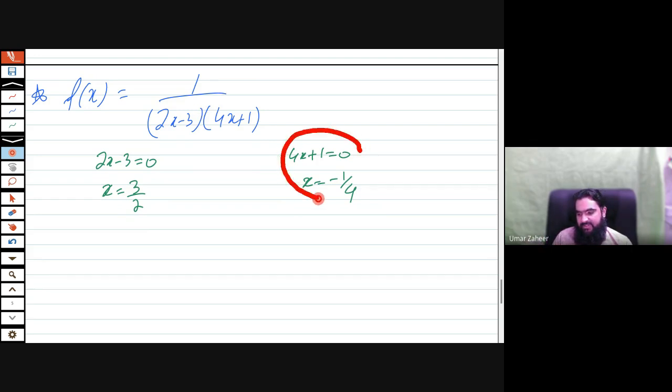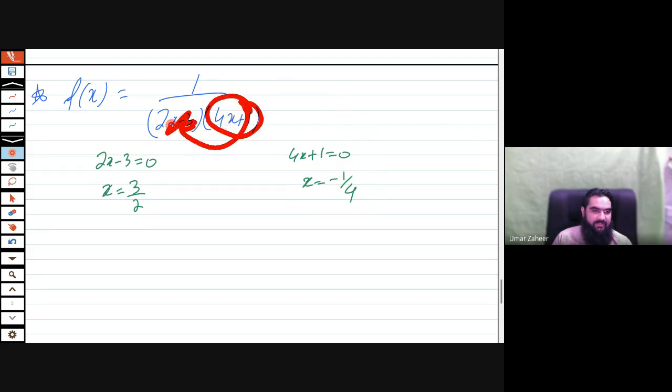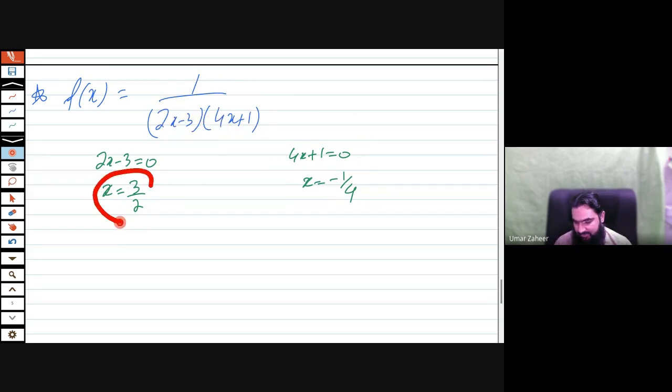Same as you have 4x plus 1 is equal to 0, substitute x is equal to minus 1 by 4. Substitute it here, this value will become 0, and 0 multiplied by anything is going to be 0. So this is undefined. So you have these two values at which the function is undefined.